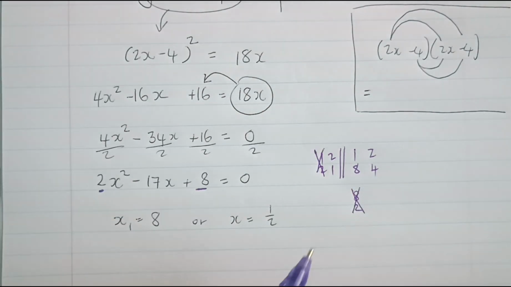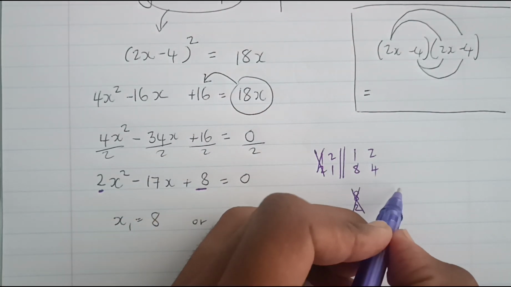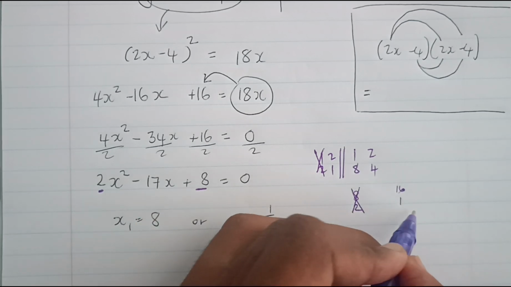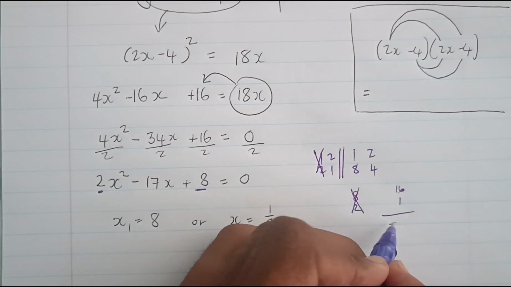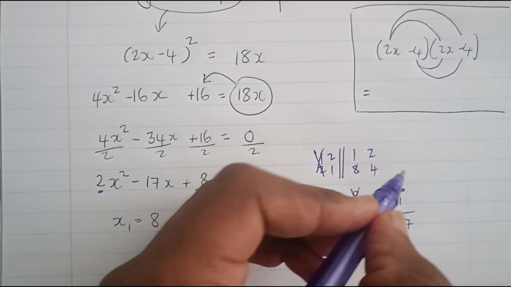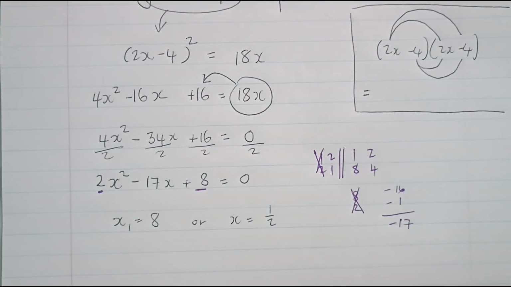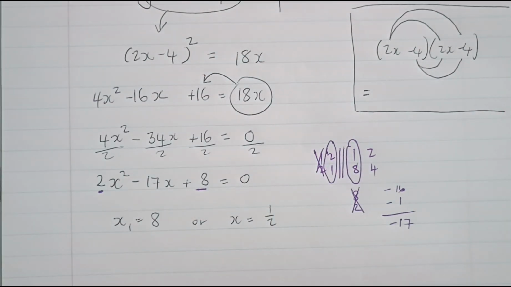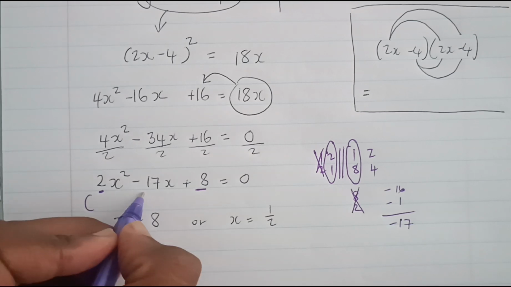So that pairing didn't help. Let's try this one. 2 times 8 is 16, and 1 times 1 is 1. Can that get me my middle term? Sure, it can. Both of these need to be negative. So this one and this one worked for me. Okay, so I'll make my 2 sets of brackets then.